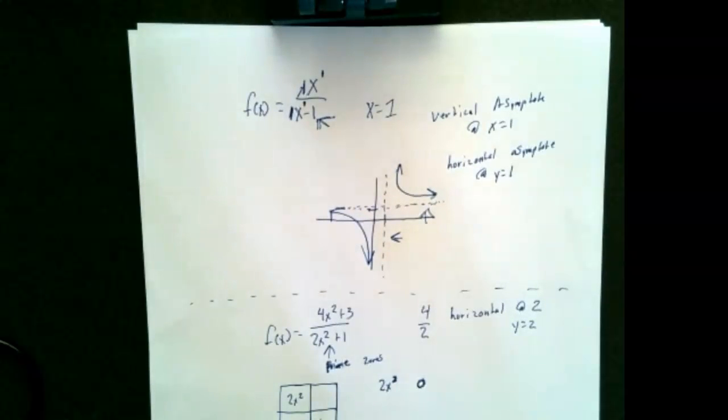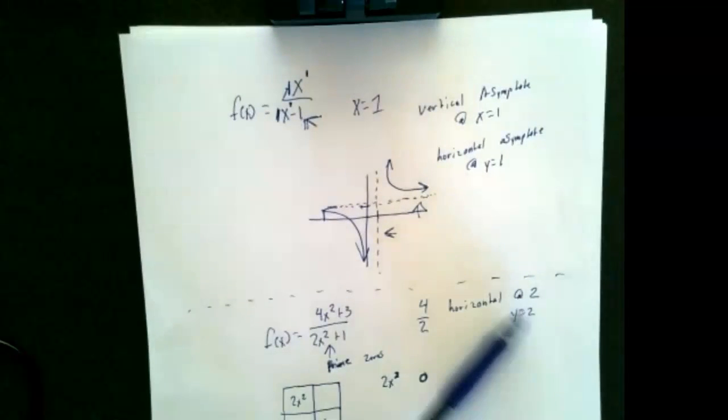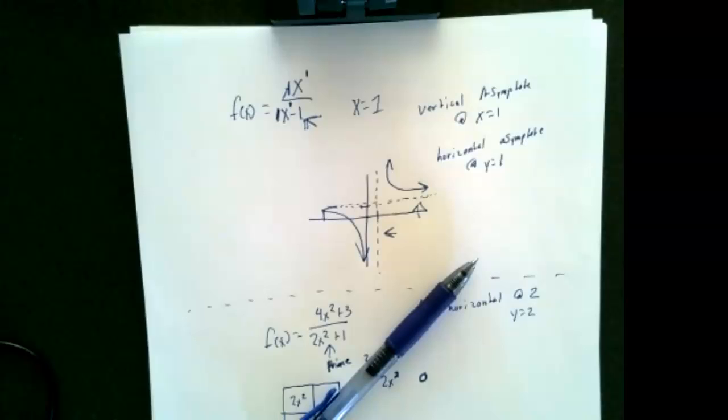You can also, if you just think about looking at the graph, if we were to graph 2x squared plus 1 by itself, and I'll share my screen here again, because you're going to come across some that kind of stump you, the prime ones.